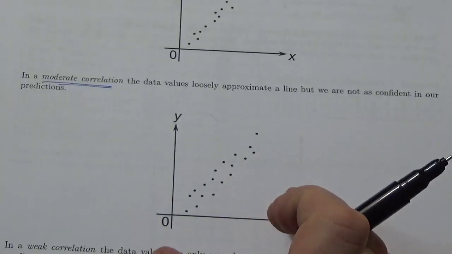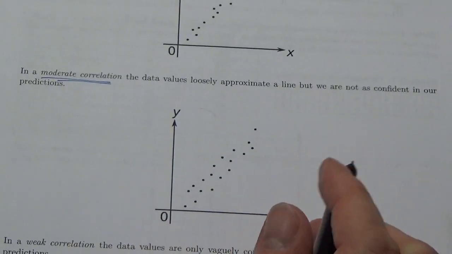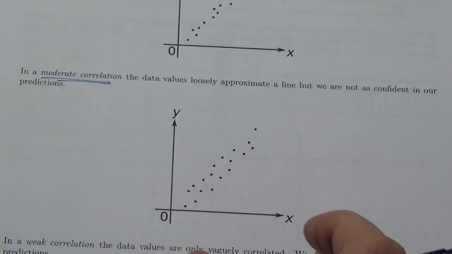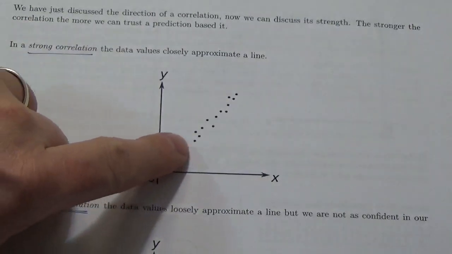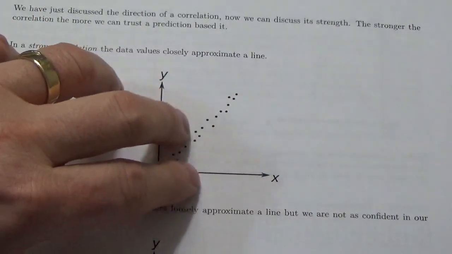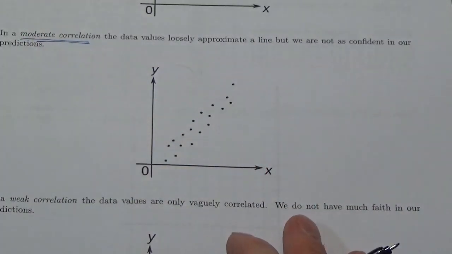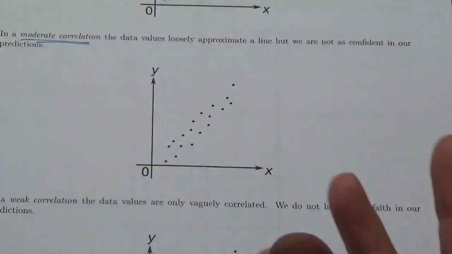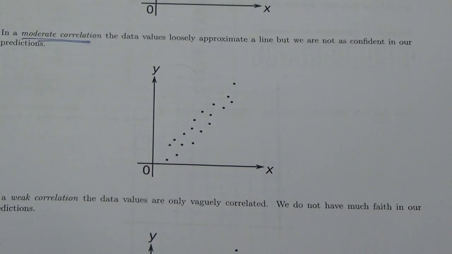In a moderate correlation, you can still see the relationship in the data, but it's maybe not quite as obvious. There's a little bit more spread in the data. When there's a strong correlation, there's not a lot of spread in the data away from the line of best fit, the general trend. Here there's a little bit more spread, so we can still be fairly confident with our line of best fit, but not as confident.